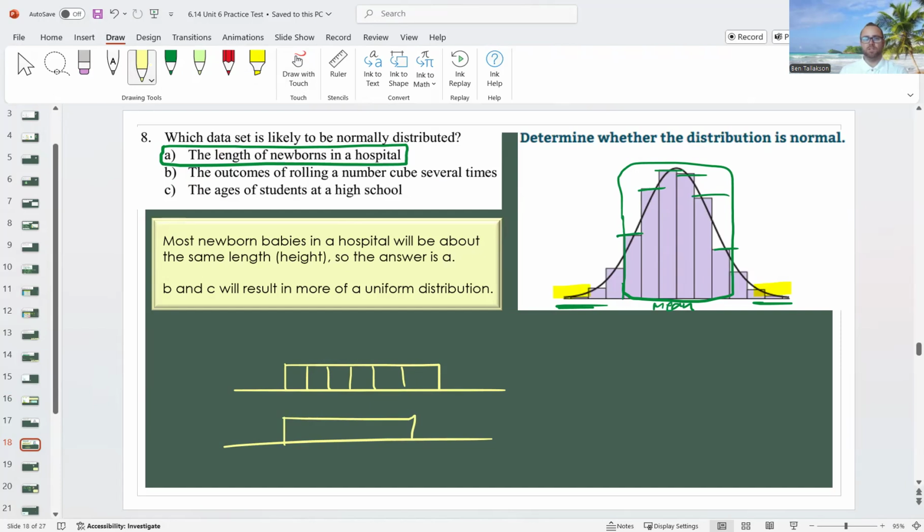You might say ages 14 through 18, so something like this. Like that, maybe. Okay? Where the probability is even, basically, for everything that's uniform, but that's not the case for A.